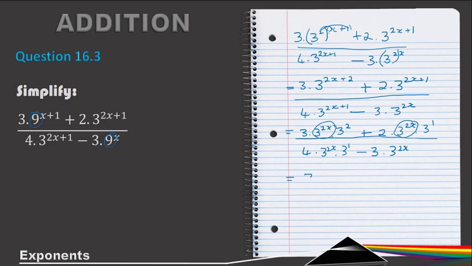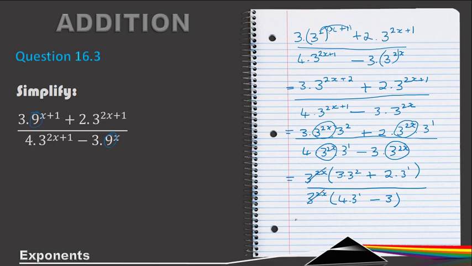So we're going to take this term out from each term. We have 3 to the power of 2x, and then what's left is 3 times 3 squared, plus what's left here is 2 times 3 to the power of 1, and that's over. Here we take out once again 3 to the power of 2x, and then 4 times 3 to the power of 1 minus 3.